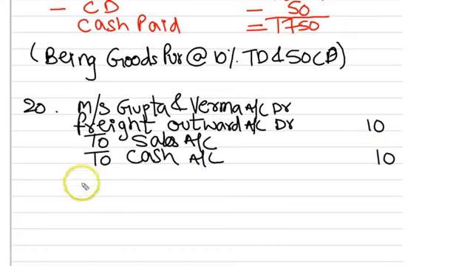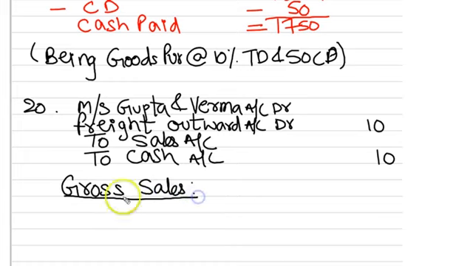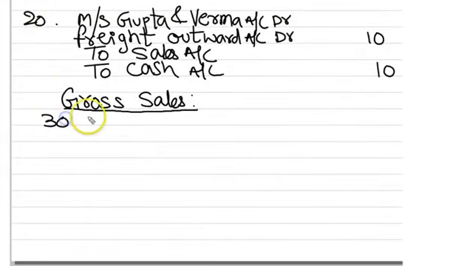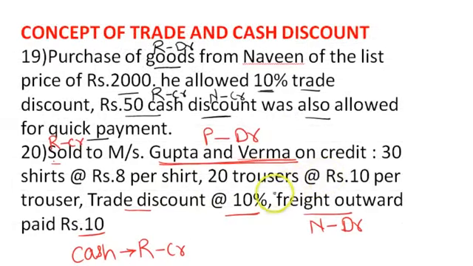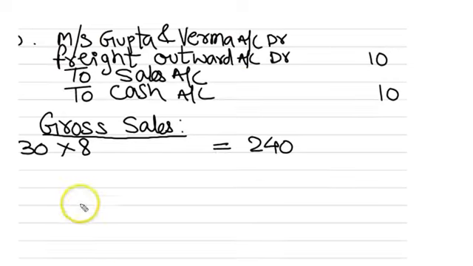Alright, now we need to calculate the amount of sales. So number one, I will be calculating gross sales. I will simply underline this and write the details below. 30 multiplied by 8, which gives me 8 into 3, 24, 240 rupees, and 20 trousers at the rate of 10 each, so 20 into 10, which gives me 200.